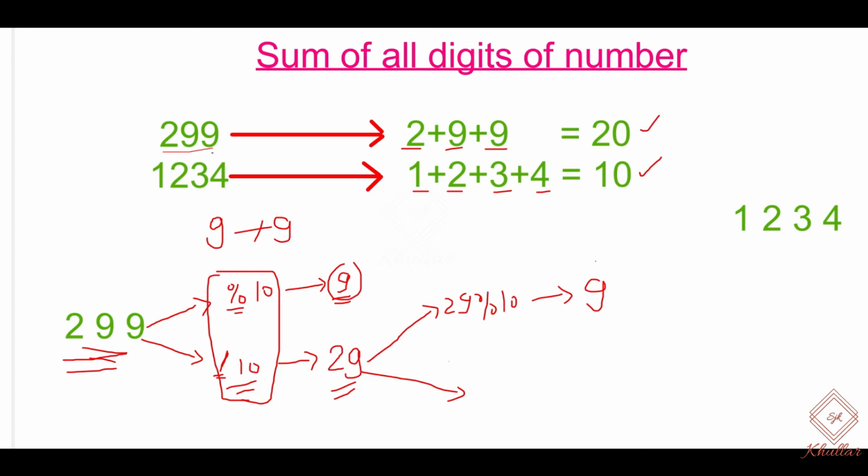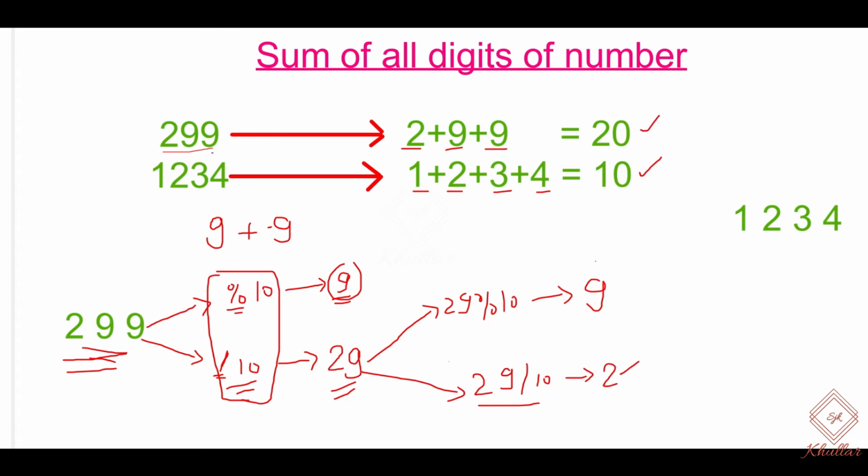Now 29 divided by 10, again the same as we divided 299 by 10, so we will get 2 back in this case, right? If I say 29 by 10, had it been 30 then it would be 3, but it is less than 30 and more than 20, and that's why it will reduce to 2.